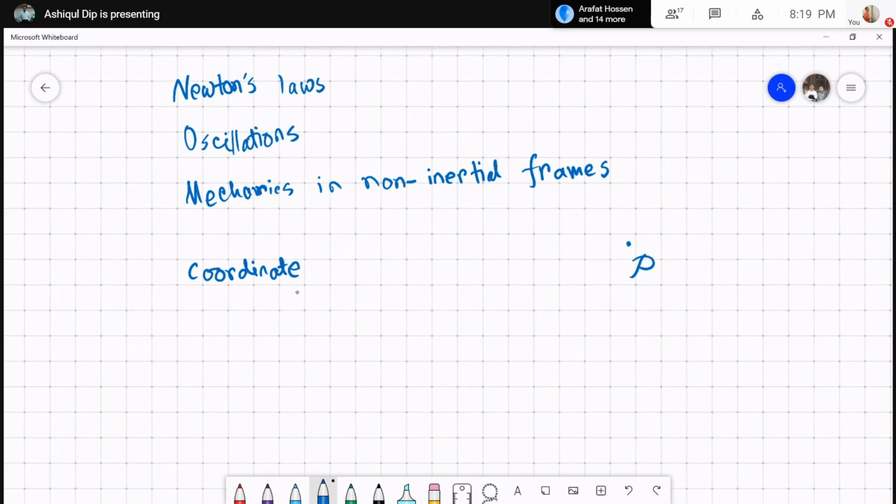That's going to be a really important concept in GR. Whatever coordinate system you choose, even if you do not choose one, it doesn't matter. Physics is there, and the physics is going to be the same.